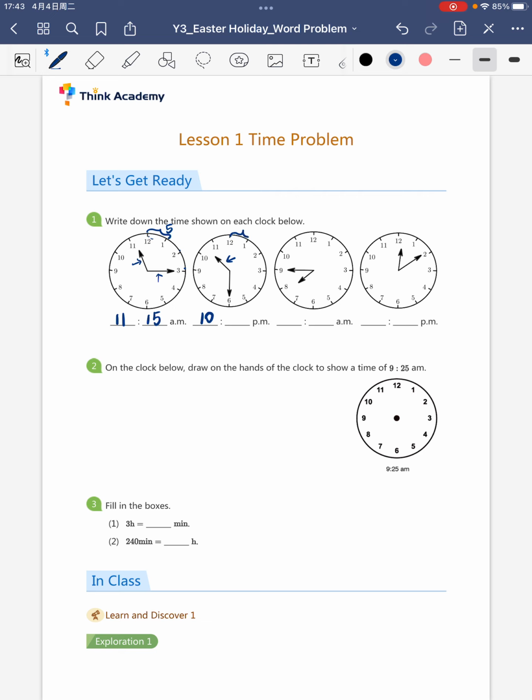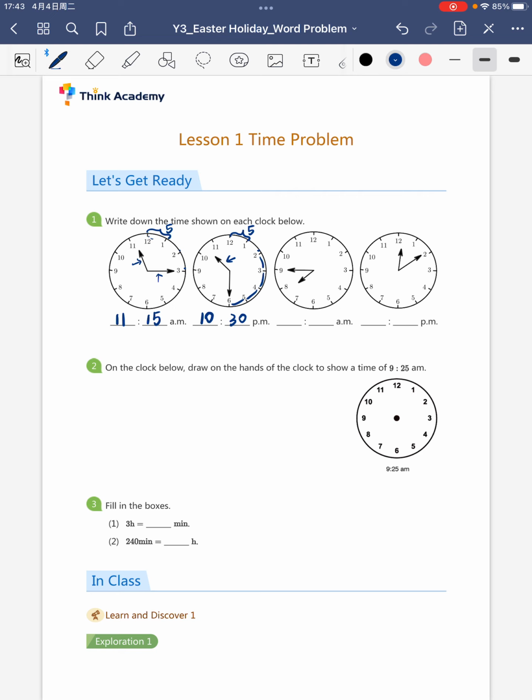If each individual part can represent 5 minutes, then when the minute hand is pointing to 6, we have 5, 10, 15, 20, 25, and 30 minutes. So the minute will be 30. So for the time shown on the second clock, it will be 10:30 p.m.